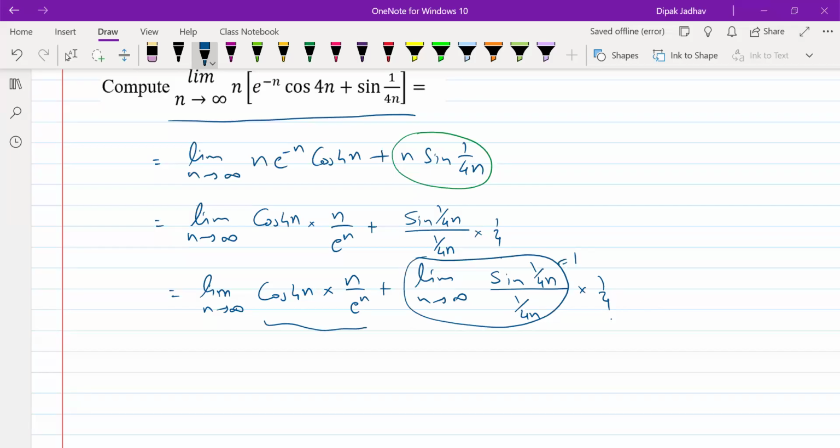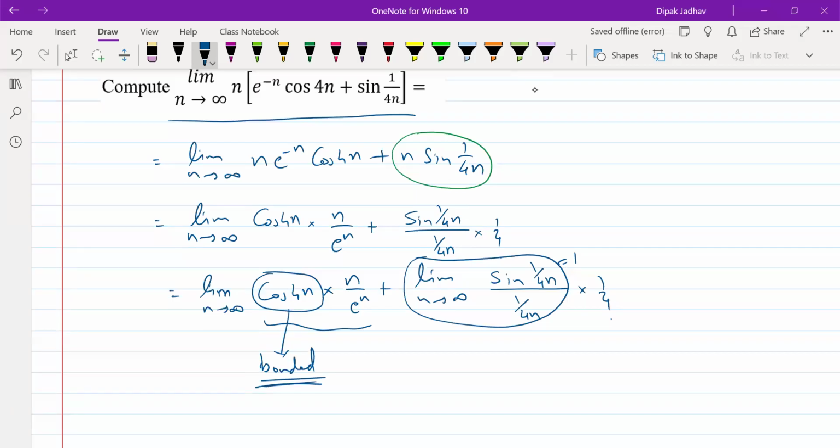What about the first part of the limit? It's an infinity by infinity form and will be solved by L'Hopital's rule. The angle of cos is bounded, oscillating between -1 and 1.